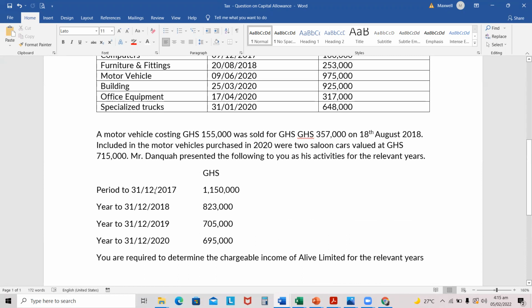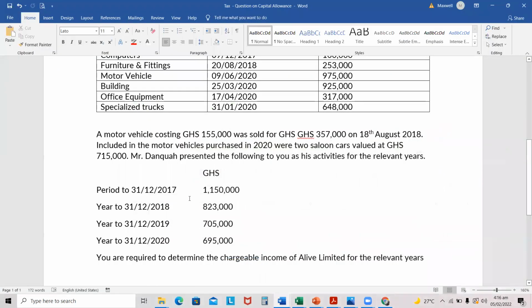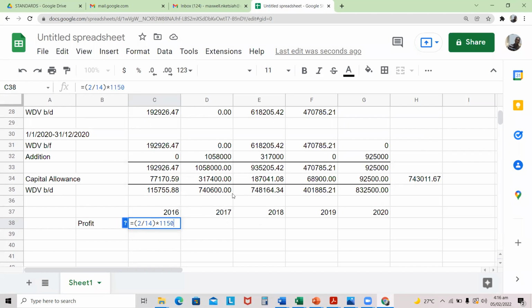That's 14 months, because November, December is 2 months, then the whole year, so it will be 14 months. So the profit for 2016 will be 2/14, you apportion it, multiplied by 1,150,000. Okay, so we are going to get this.